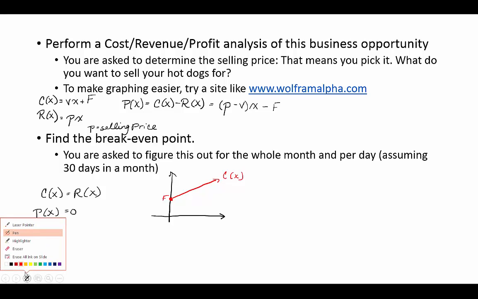Our revenue equation is our revenue stream. That's going to start at 0 because there is no y-intercept, and it's going to go up like this. So this is revenue of x, where it starts at 0. But it meets the cost line at a point, and that point is our break-even point right here.